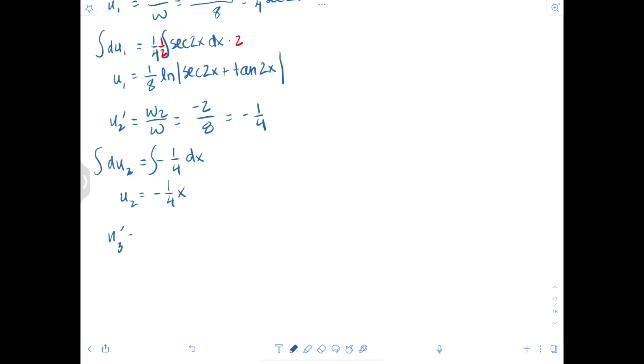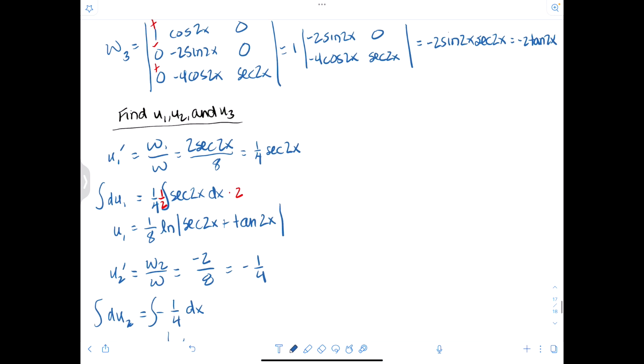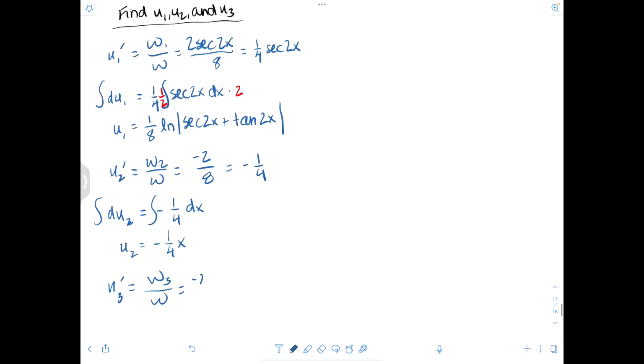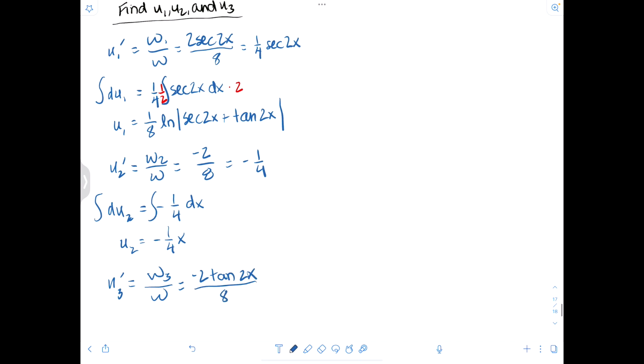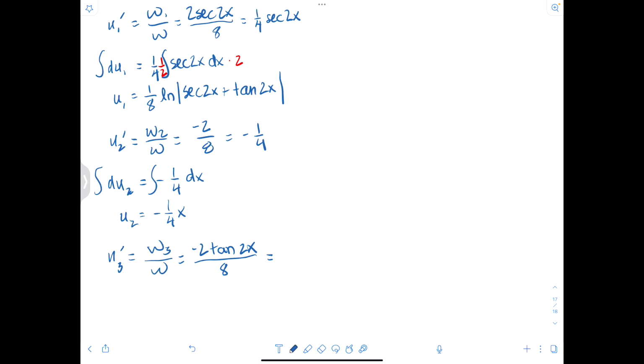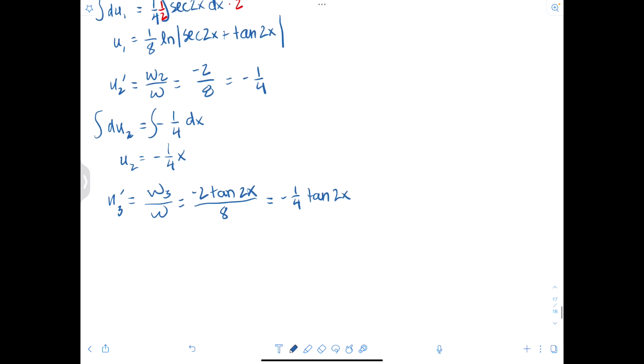u3 prime is w3 over w, which is negative 2 tangent 2x over 8, which will give us negative 1/4 times tangent 2x. So not too bad of a derivative or an antiderivative to find. We'll have du3 is equal to negative 1/4 tangent 2x dx.